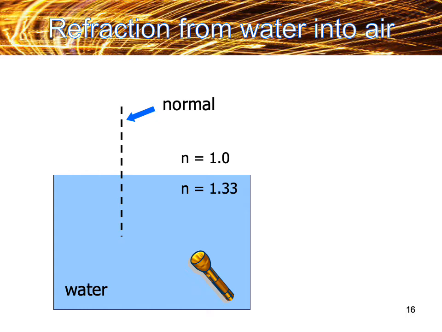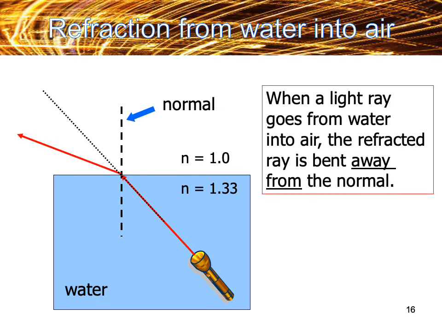What would happen? Where does this ray travel? In the air. In this case, something opposite happens. It bends because the air has a smaller index of refraction. The ray is bent away from the normal. Right.